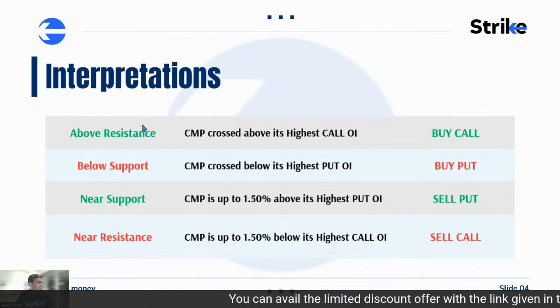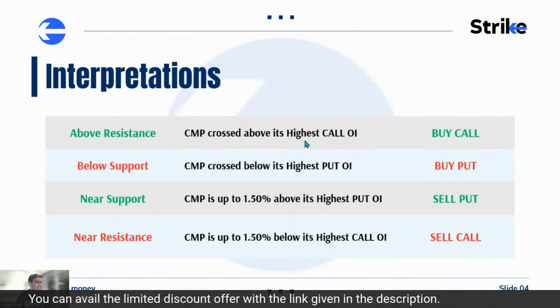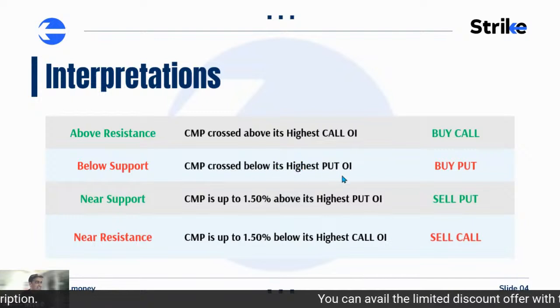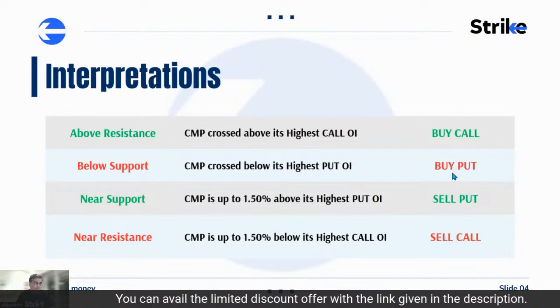When the interpretation is above resistance, it means that the prices have crossed above the highest call OI, and that is where we will look to buy a call. When a particular stock price has crossed below its highest put OI, that means it is below support, and we will look to buy a put.